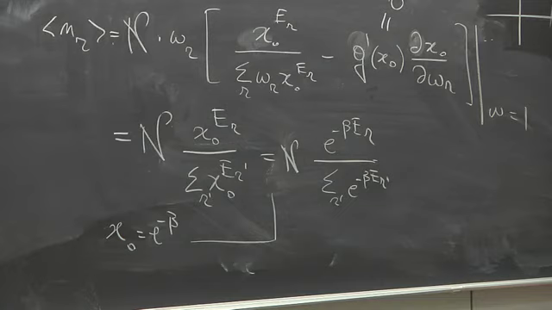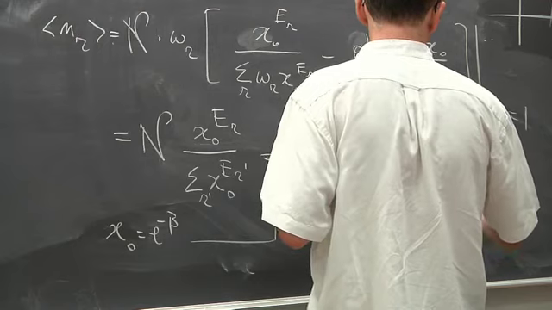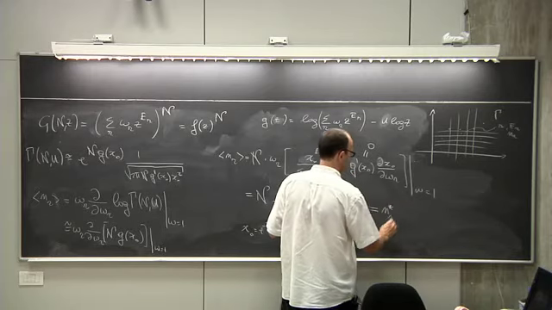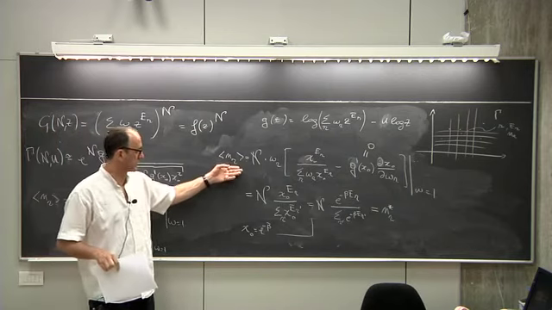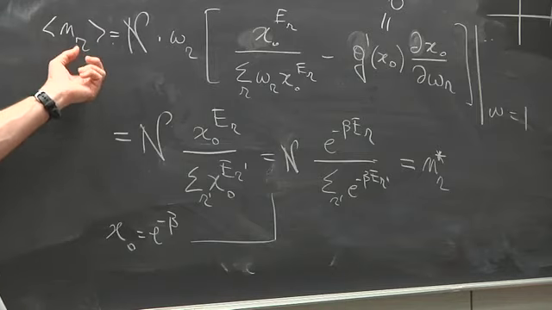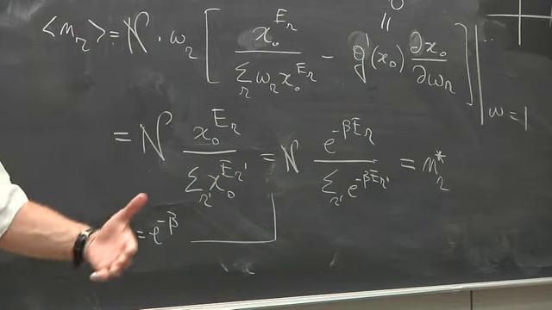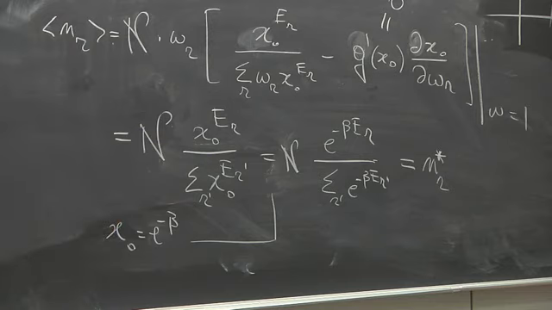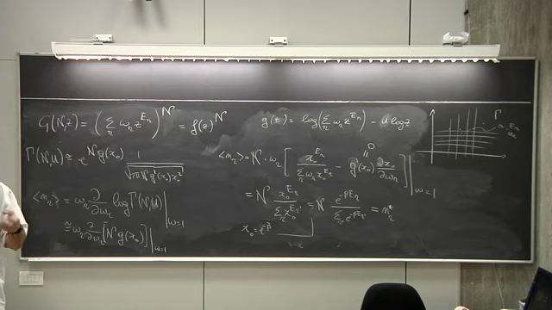So the fact that the average value of this occupation number in the ensemble is exactly equal to the most probable value means that the distribution in the phase space is very, very much concentrated on the most probable values.